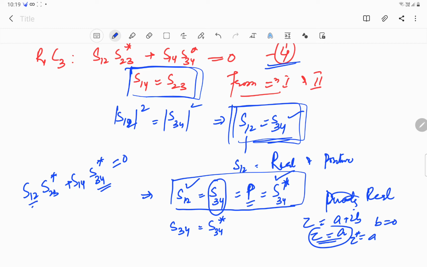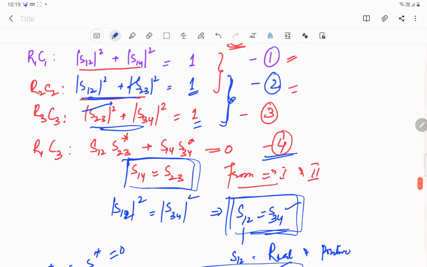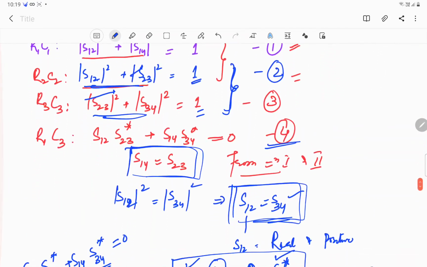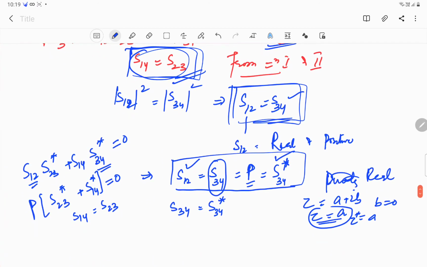So this is p and this is p: p into s23 conjugate plus s14 conjugate is equal to 0. But s14 is same as s23. We proved it somewhere. That means s14 conjugate should be same as s23 conjugate.